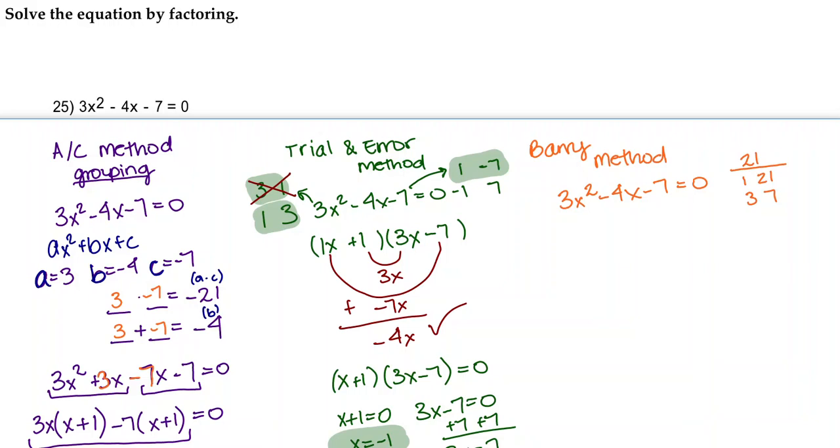Okay? Now because this over here is a negative, because the c term is a negative, we're looking for the factors of 21 that have a difference of 4. Not -4, just 4. So we're looking for factors of 21 that have a difference of 4.